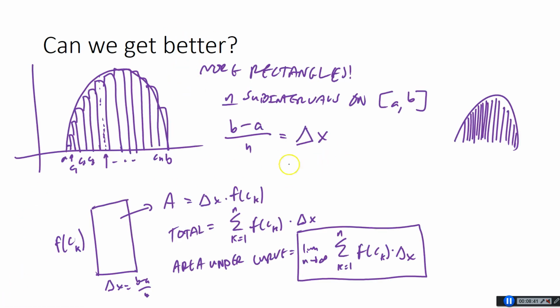So if we are trying to find the area between the curve and an axis on a closed interval a, b, where delta x is equal to b minus a over n. Notice there are no a's or b's in the actual limit. That's because delta x is just defined as splitting that interval ab up into n different subintervals.